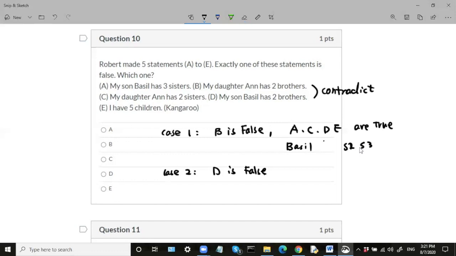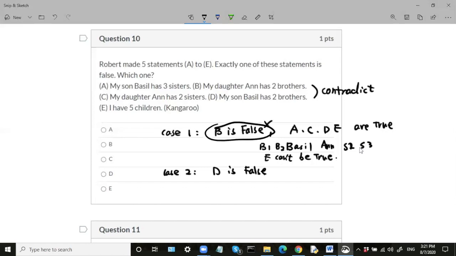And my son Basil has two brothers, so we will have B1, B2. Okay, so I have 5 children. So then E cannot be true because there are a total of 6 children here. So that doesn't work. This assumption doesn't work.